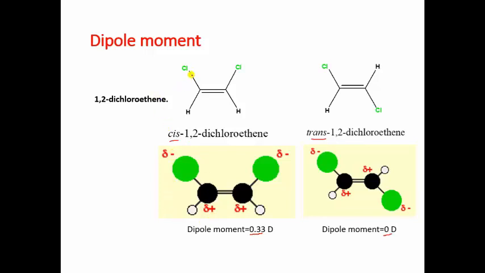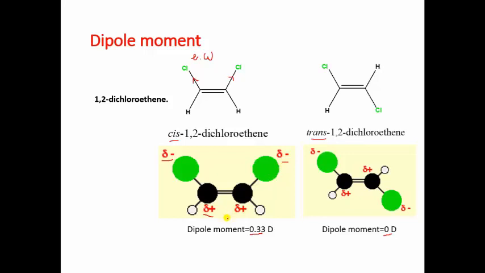We already know Cl is an electron withdrawing group. It pulls the electron towards itself. Cl is more electronegative than carbon, so it forms a partial negative charge, and carbon a partial positive charge.